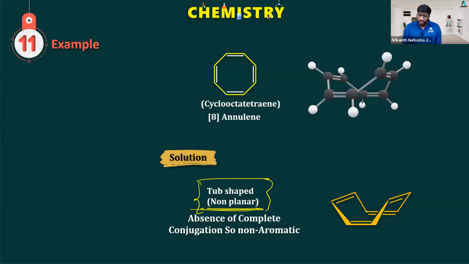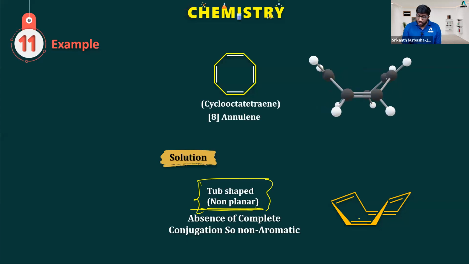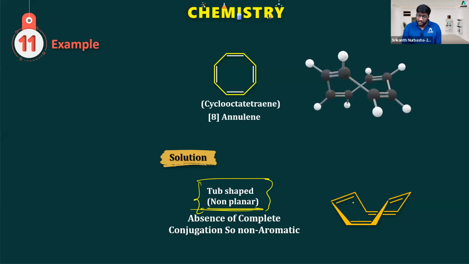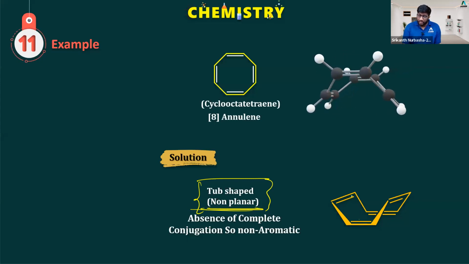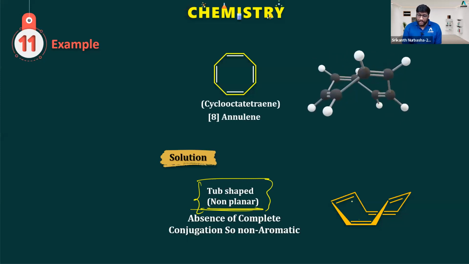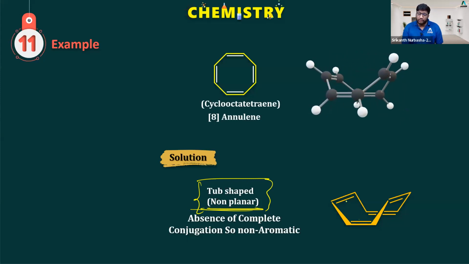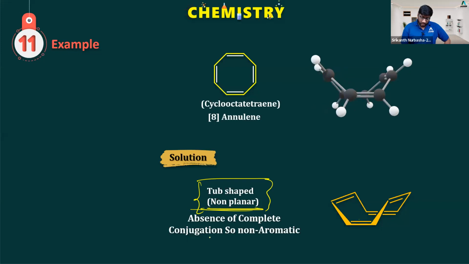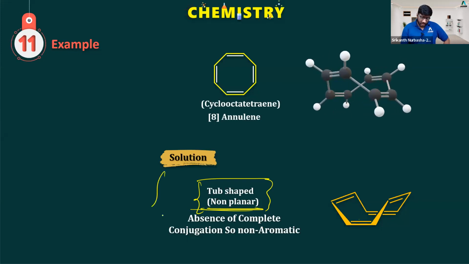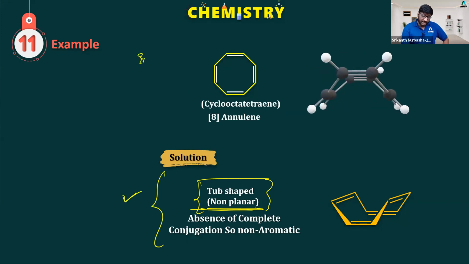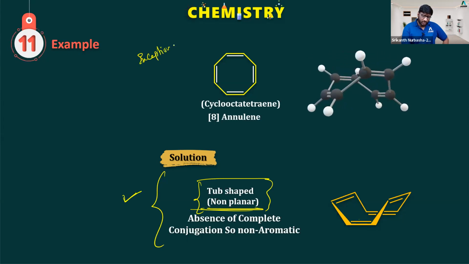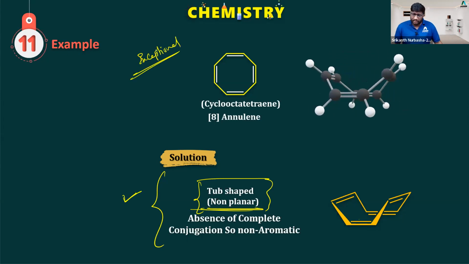Whenever the planarity is not there, this pi bond and this pi bond are not in resonance now. Although they seem to be adjacent alternate double bonds, they are not in resonance because of loss of planarity. So that is why it is non-aromatic in nature. It is an exceptional case, you have to remember.